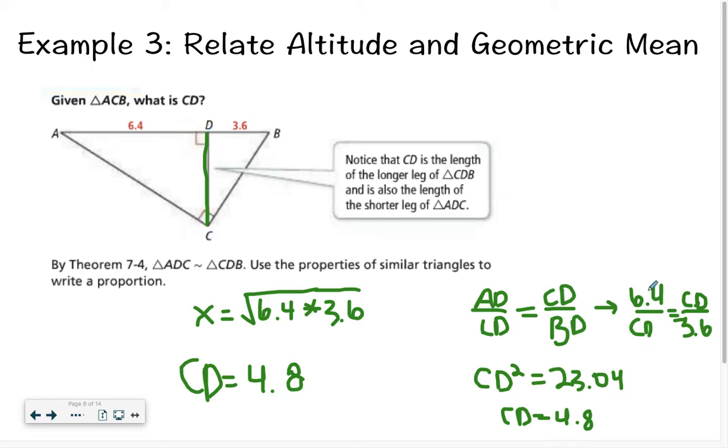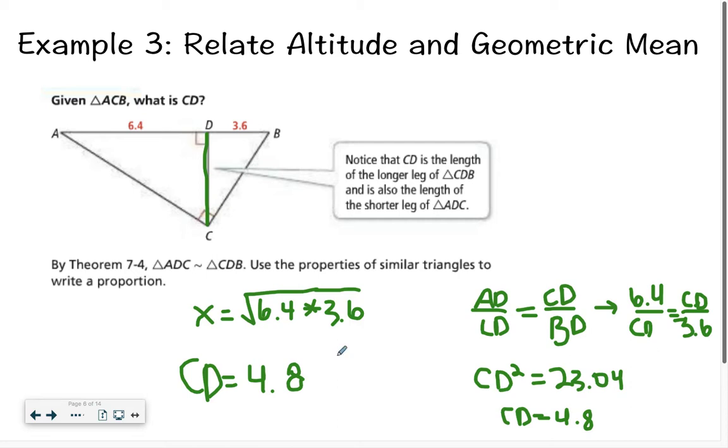Once you plug in those numbers, you'd have 6.4 over CD equals CD over 3.6. Then you would cross multiply, so you'd have CD squared equals 6.4 times 3.6, which is 23.04. Then you would take the square root of that answer to get 4.8. So if you want to practice doing that, you certainly can.